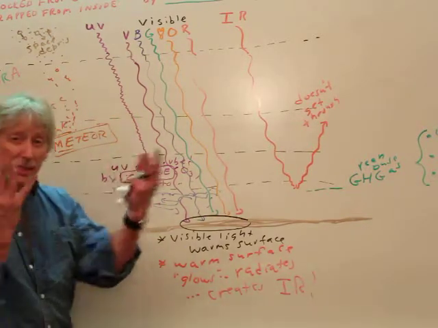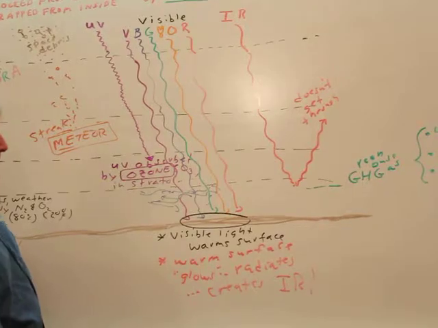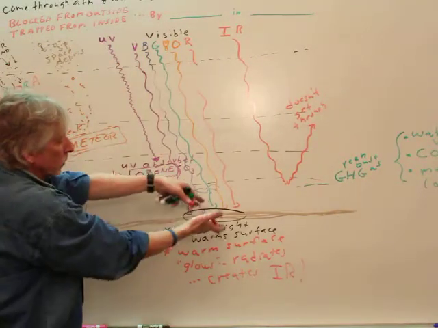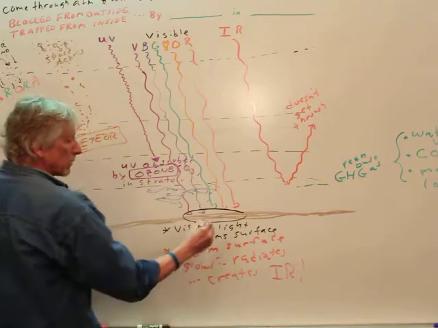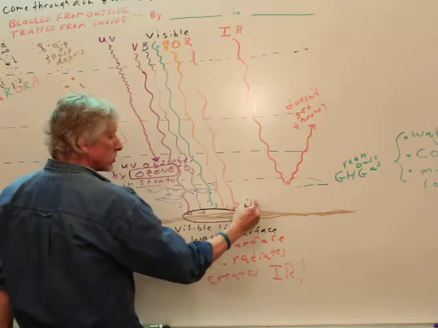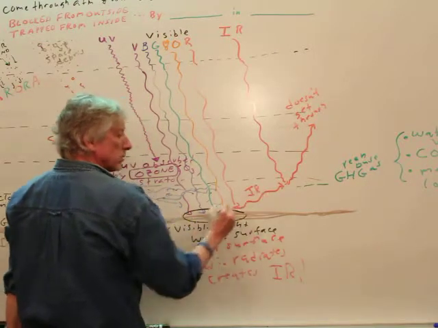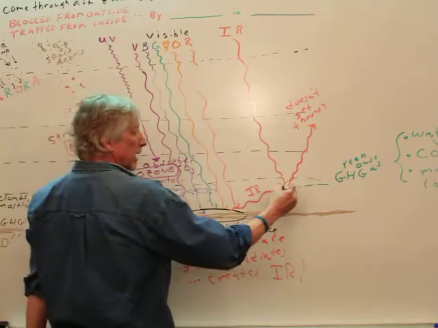All of us are. We can't see it, but we're glowing infrared. And so it's not the infrared that's coming in, it's the infrared created by the warm surface, and that infrared goes up. And some of that, so that's IR now, and some of that gets out.